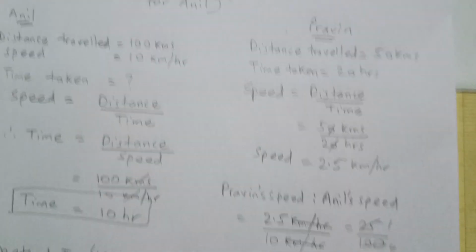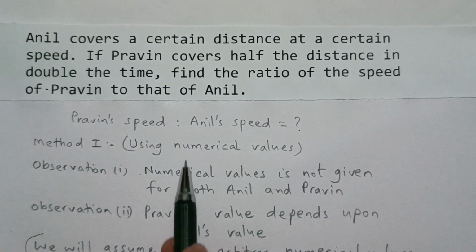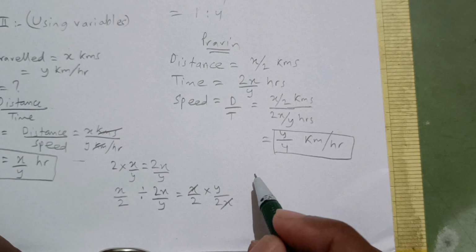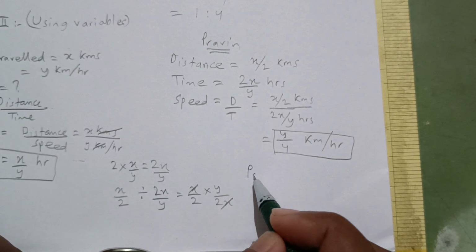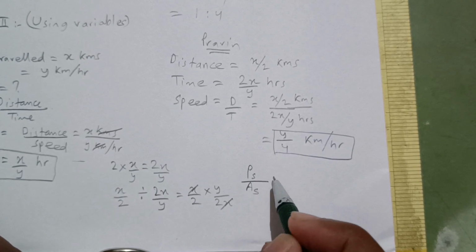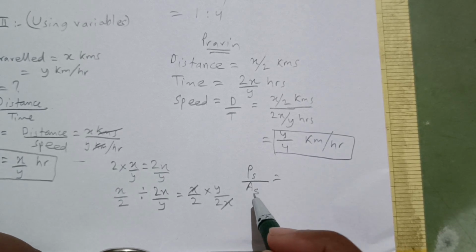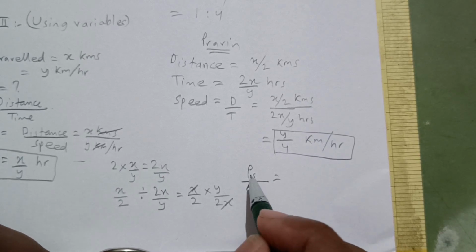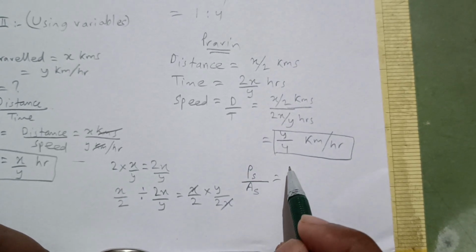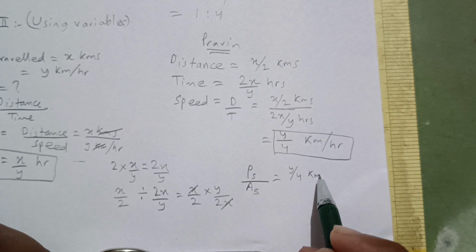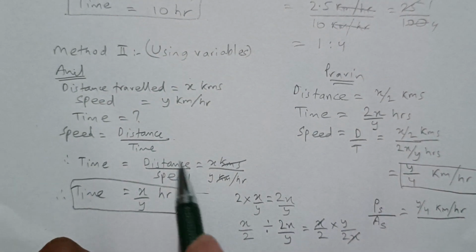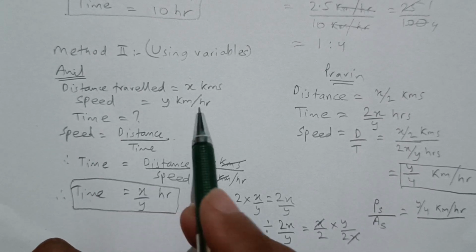And now we have to find the ratio of the speeds. So ratio of the speed of Praveen to that of Anil. So what is the speed of Praveen? Praveen's speed is y by 4 kilometers per hour. And what is the speed of Anil? Anil's speed is y kilometers per hour.